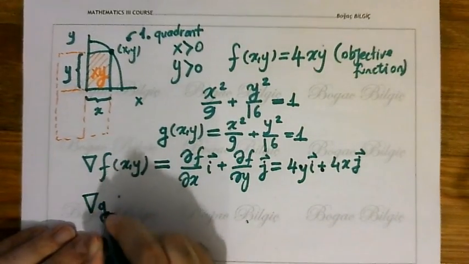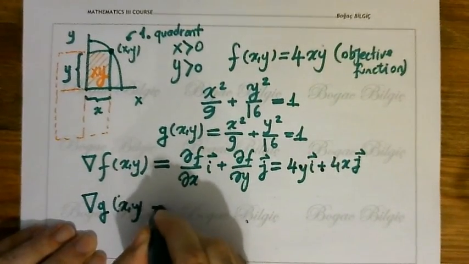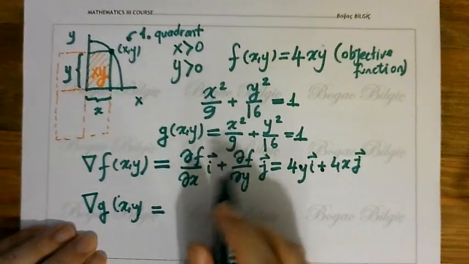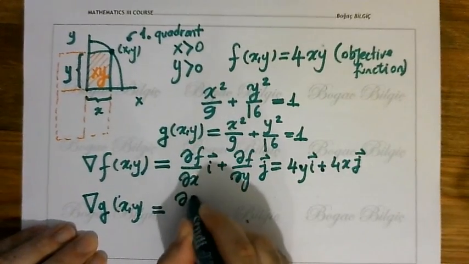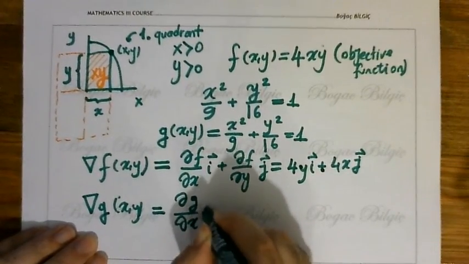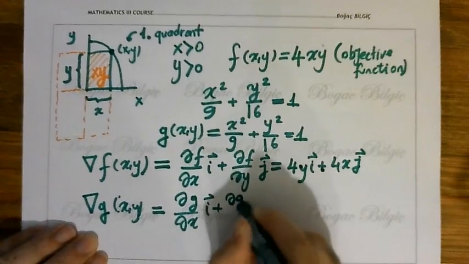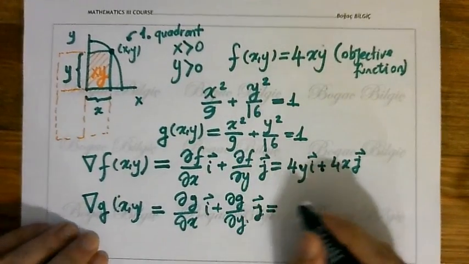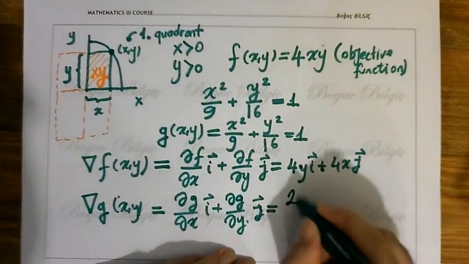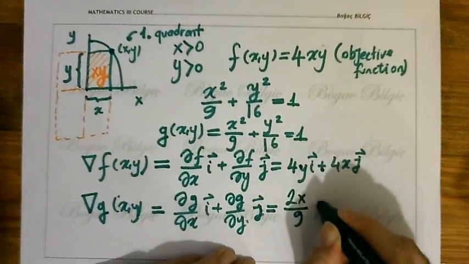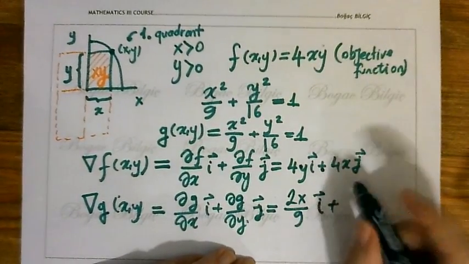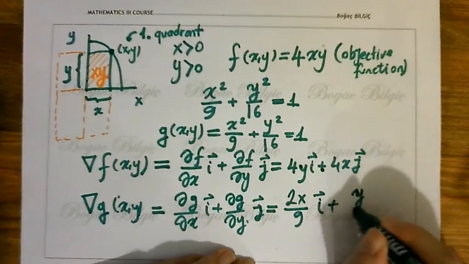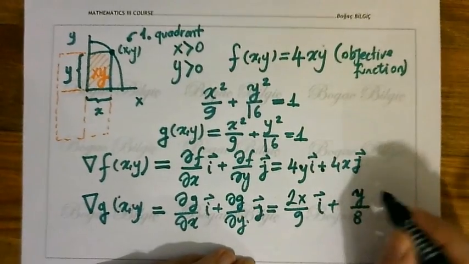Grad g is similarly del g del x i plus del g del y j, so 2x divided by 9 i plus y divided by 8 j.